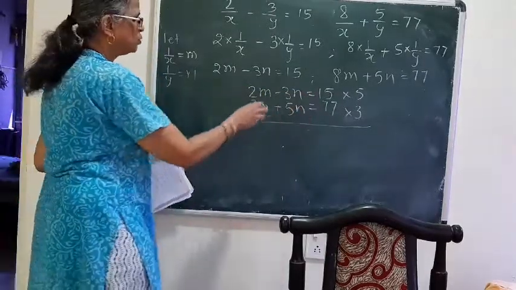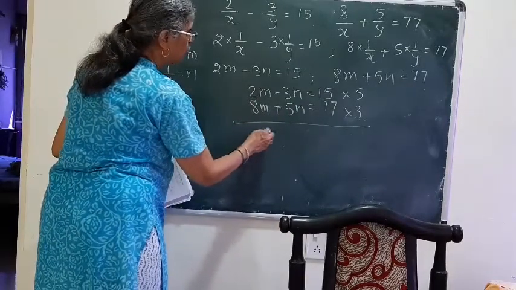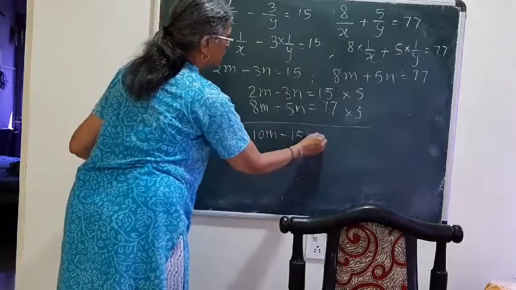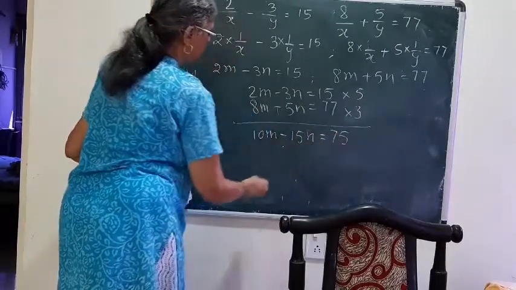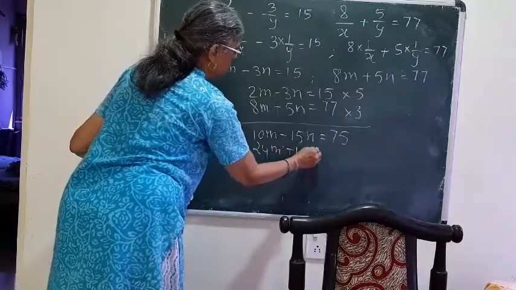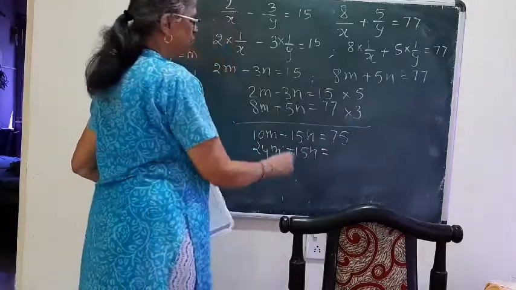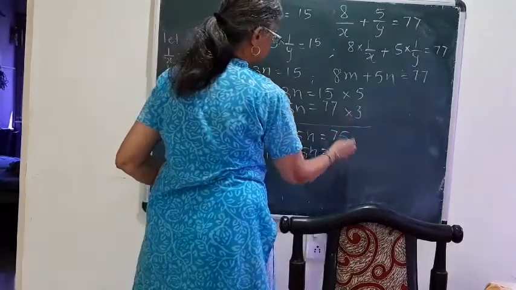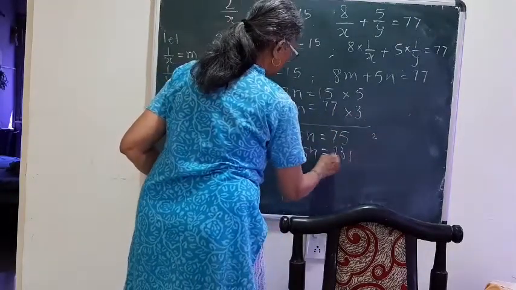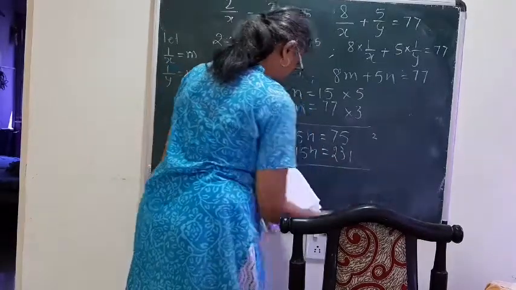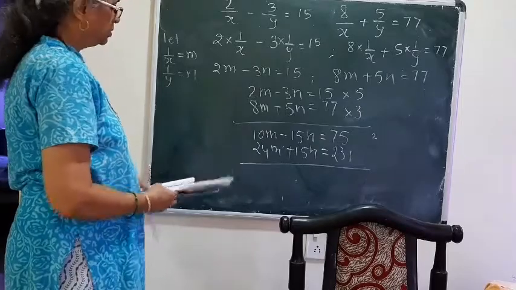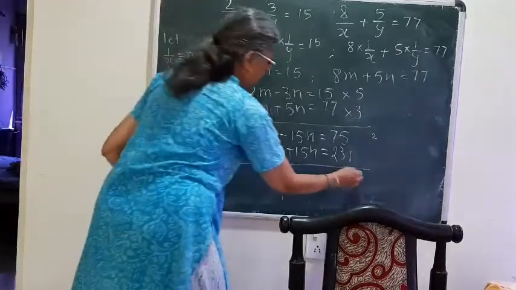So the new equations formed are 2 5s are 10m minus 15n equal to 75, and 24m plus 15n equal to 77 into 3, 3 7s are 21, 2 carry, 3 7s are 21 plus 2 is 23. So I will have addition.